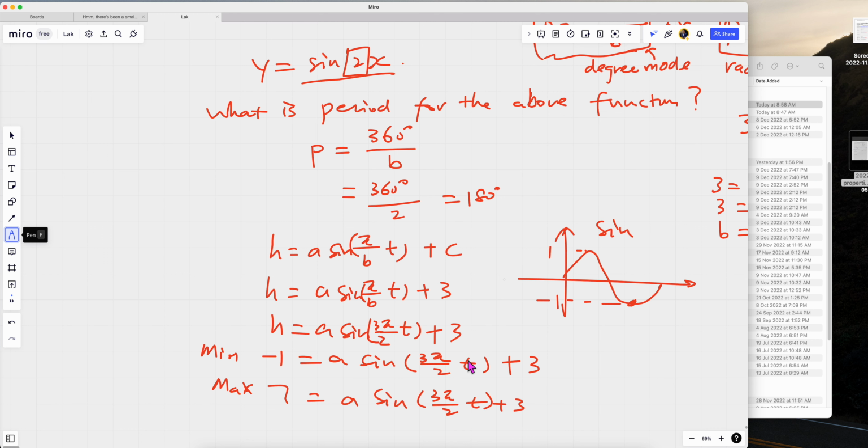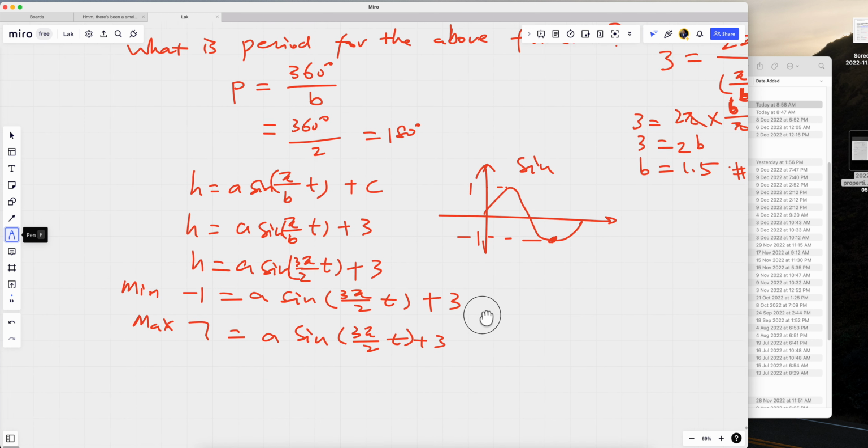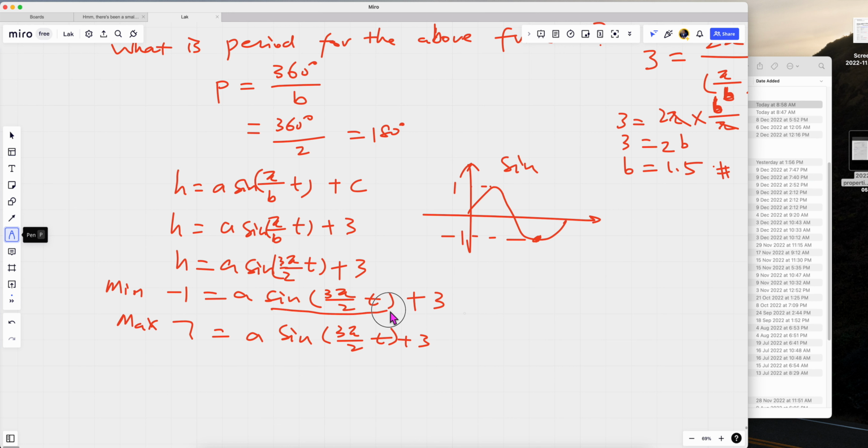Alright. So therefore, with this understanding, we want to find the minimum value, right? So for the minimum value of -1, you need to have this at minimum.